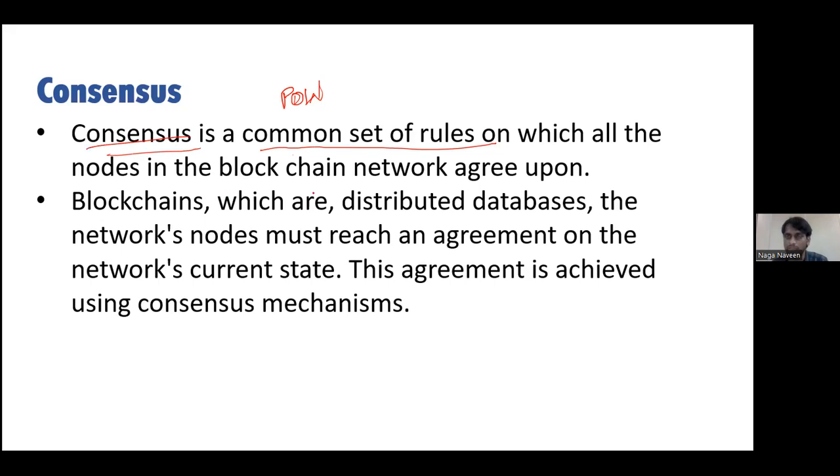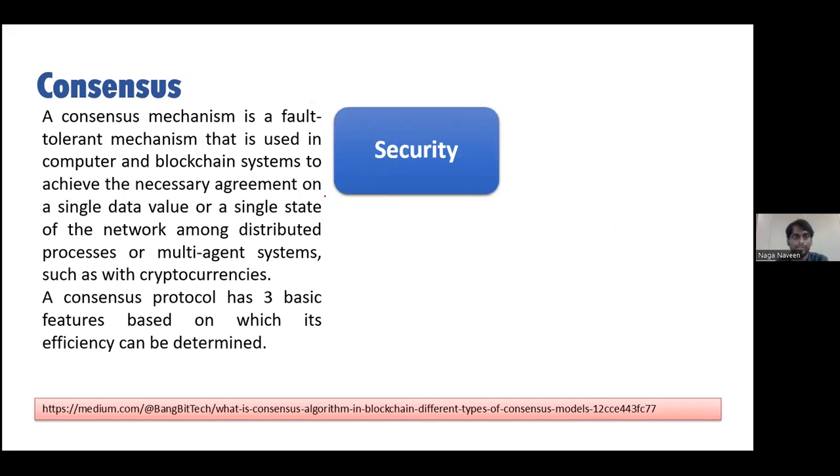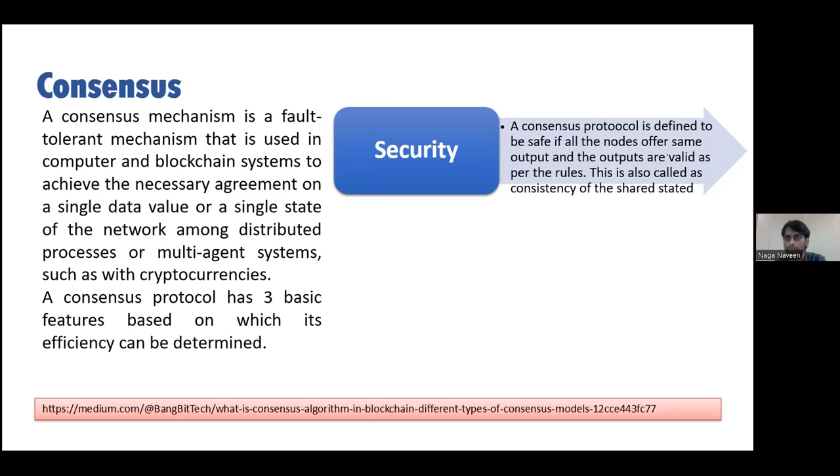Now, blockchains are distributed databases, and the network nodes must reach an agreement on the network's current state. They should reach an agreement on which is the valid blockchain, how a block will be validated, and how the validators will act. This agreement is achieved using consensus mechanisms. A consensus mechanism has some characteristics. First, a consensus mechanism is secure.